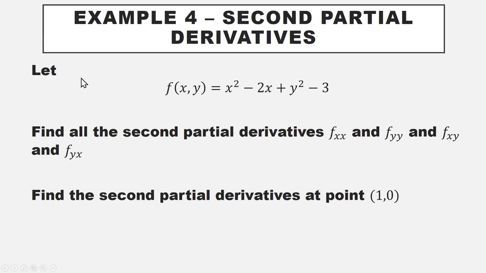Let's find all of the second partial derivatives. Now, when I say all of the second partial derivatives, there's going to be 4 of them. I can do xx, I can do yy, I can do x then y, or I can do y then x. So we'll find all of those second partial derivatives and figure out what they are at the point 1, 0.